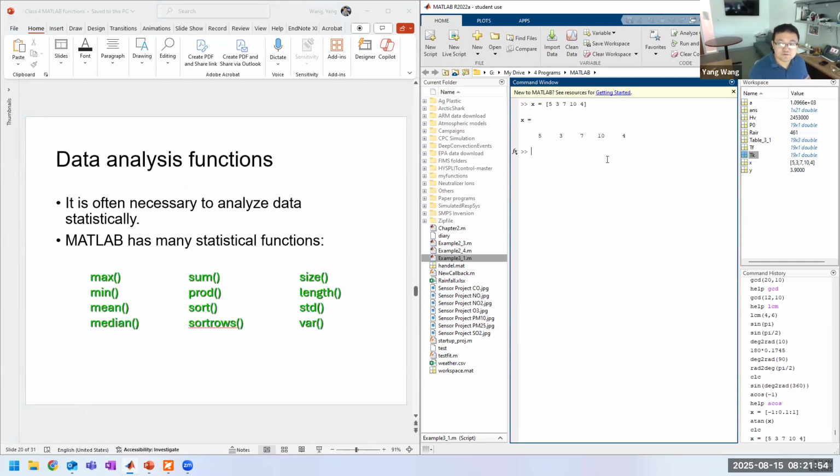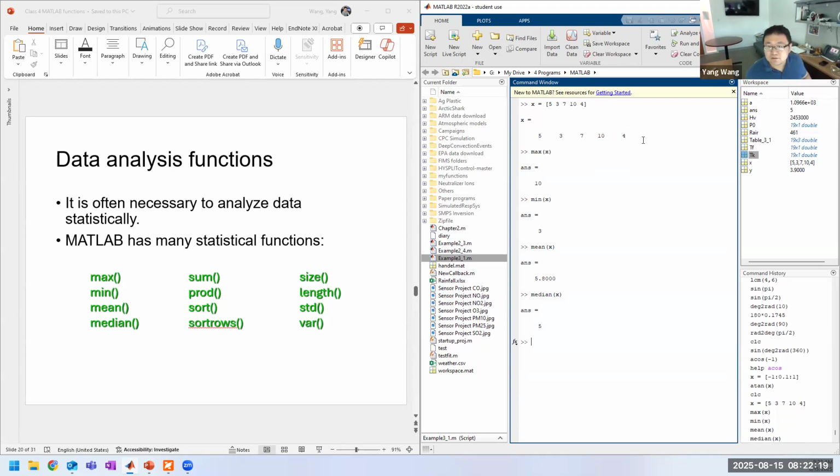So we can just run through these functions first. We can start from the max, right? Max x, we know it's 10, right? And then mean x, the mean value, right? 5.8, median x, it's 5.